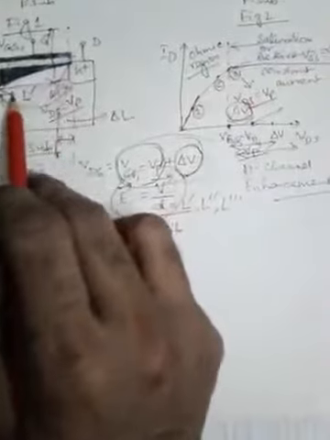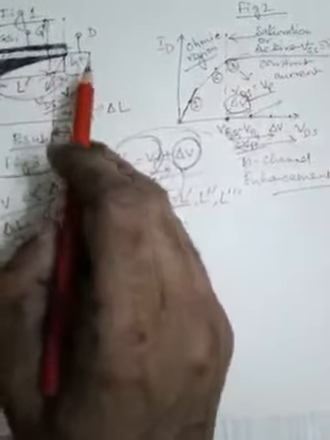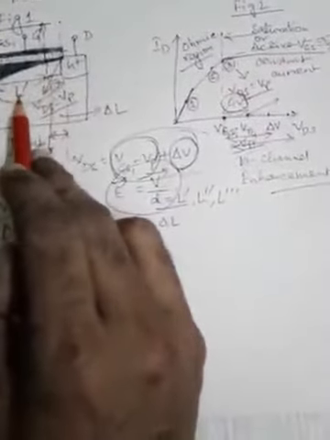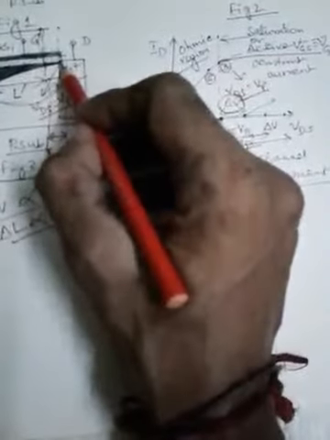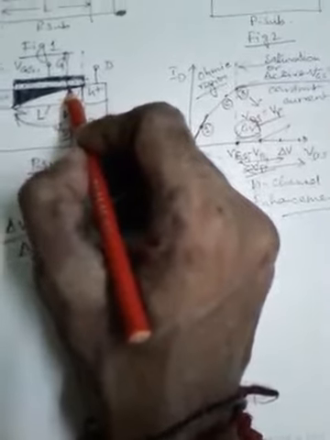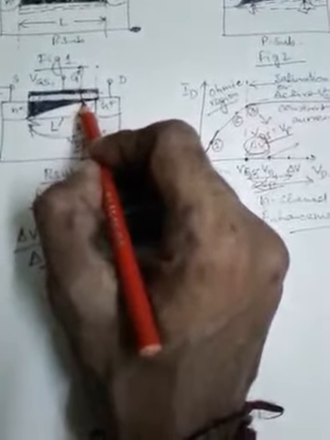So what does it mean? As more and more of the channel length is decreased, the pinch off happens when the channel length is decreased to L prime. The pinch off is happening not at this point of the drain terminal, but much earlier, at this point. That's why I told you at the beginning that this is something like the early effect as it is observed in a BJT.